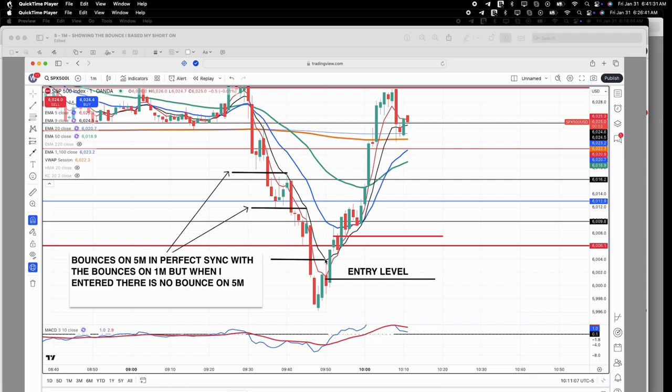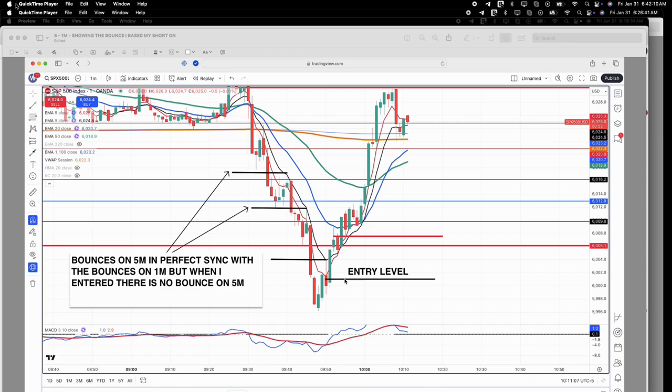And when I noticed this, I realized that I should not enter when I don't see a synchronicity with the bounces of EMAs on both charts, on the 5-minute chart and on the 1-minute chart. And this is what this video is about. It's about the necessity to see the synchronicity between the bounces on 5-minute chart and 1-minute chart.